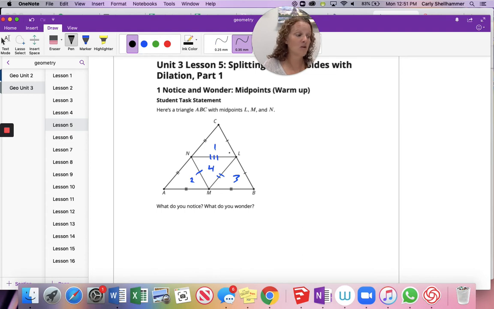We got that one. It's the tick marks, right? There are 4 small triangles, is true. Now I wonder if MN is half as long as BC. MN, yep. Is MN parallel to BC? Are the small triangles congruent?